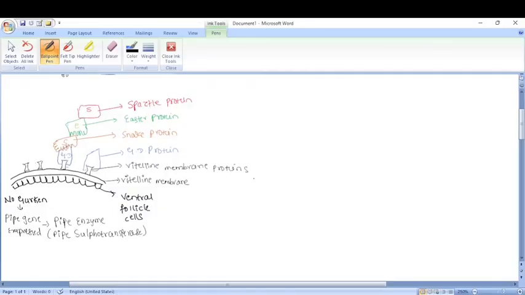Now we'll see the ventralization of the cells. In the ventral follicle cells, there will be no gurken mRNA. The gurken mRNA has not entered into the ventral follicle cells.